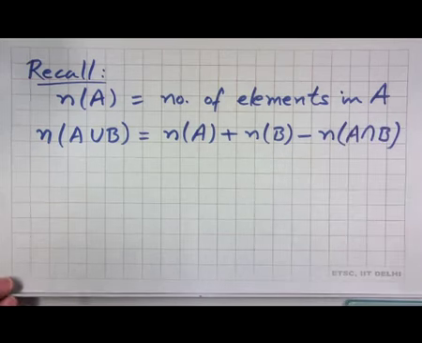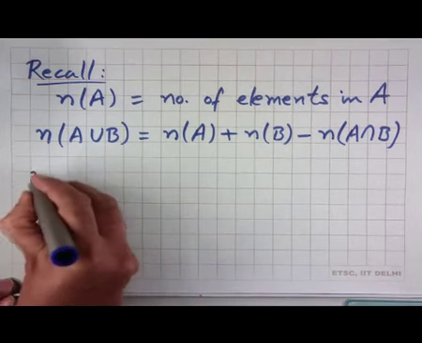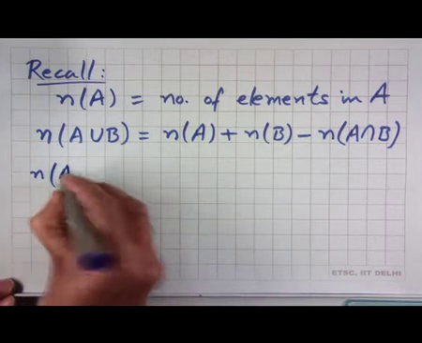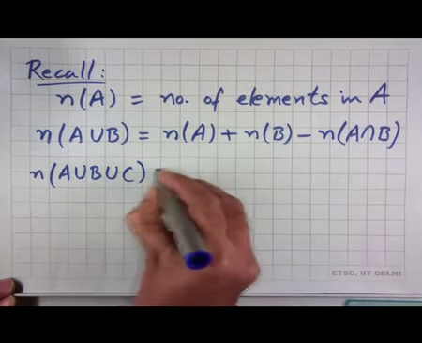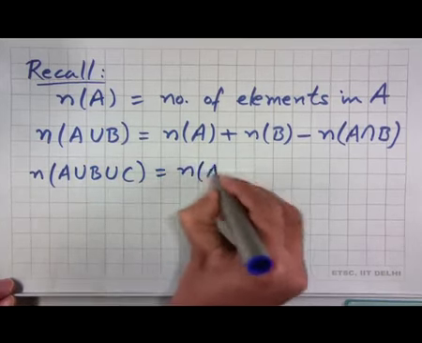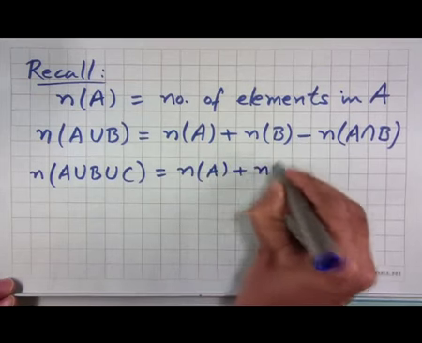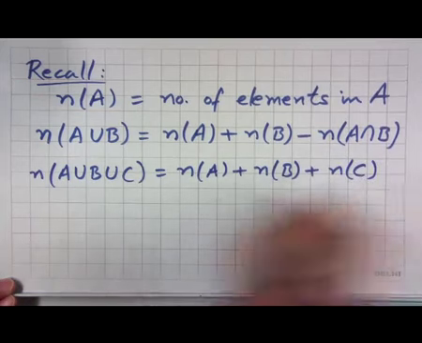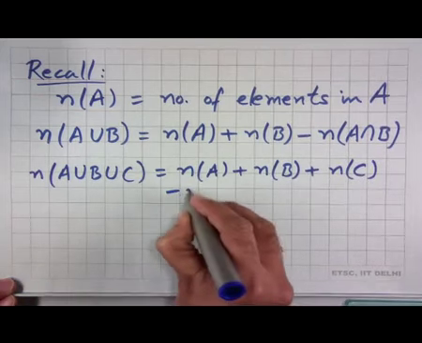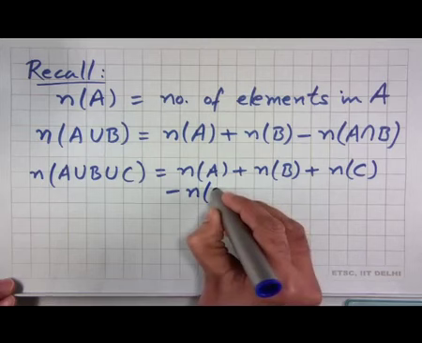And also we have for three sets n of A union B union C, this is equal to n of A plus n of B plus n of C minus the number of elements in the intersection of any two.